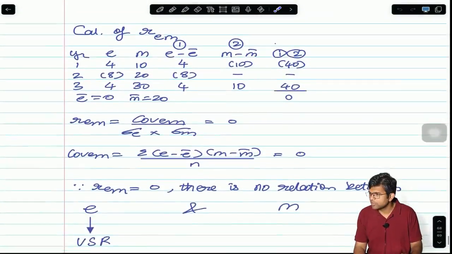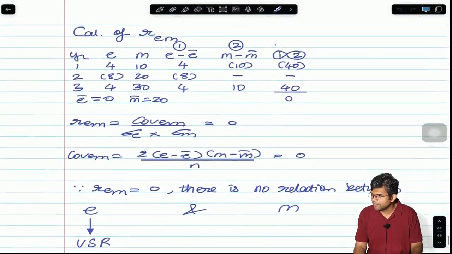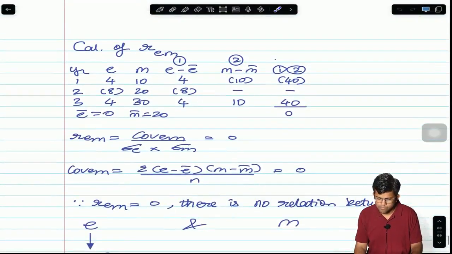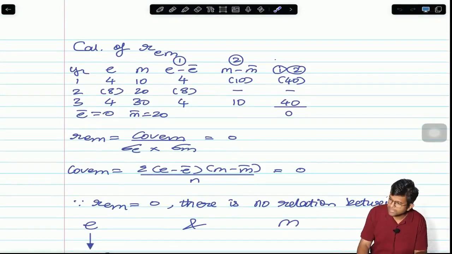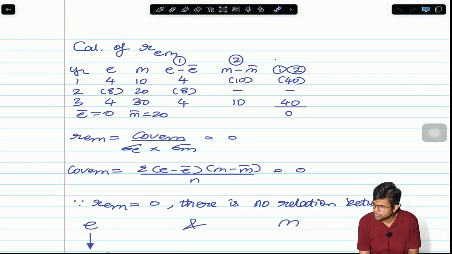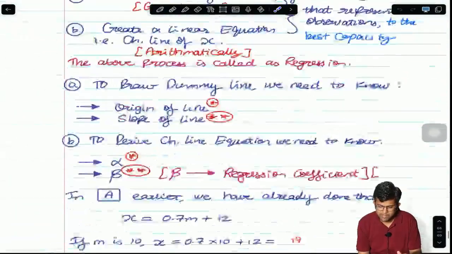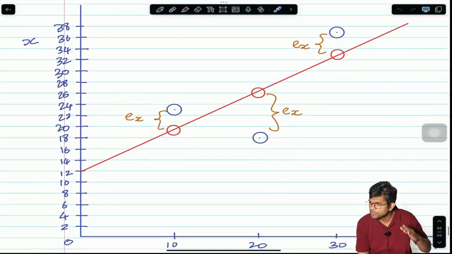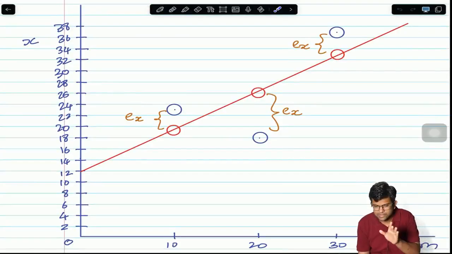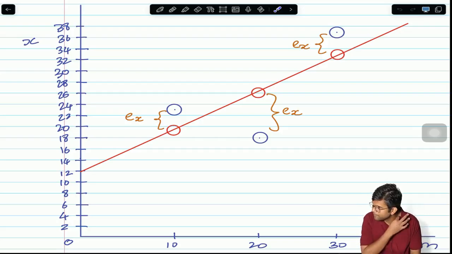And then one magic show I showed you yesterday, where I showed you how there is no relation, there is no correlation between E and M, because as I told you yesterday, till the time the security moves on the line, that is systematic risk. It goes off the line, it is unsystematic risk. Everyone clear? Remember this systematic and unsystematic?